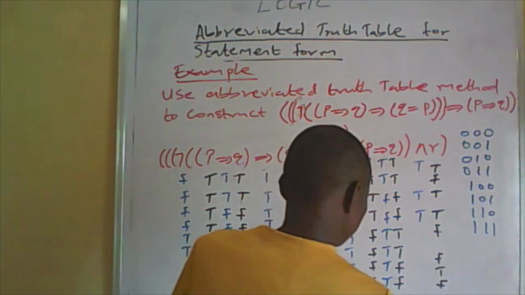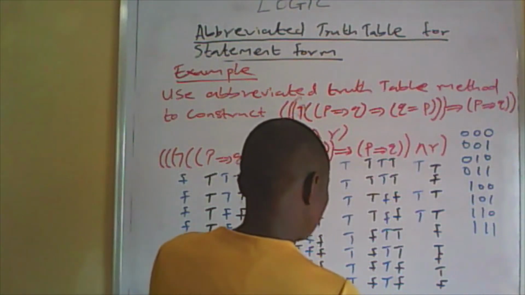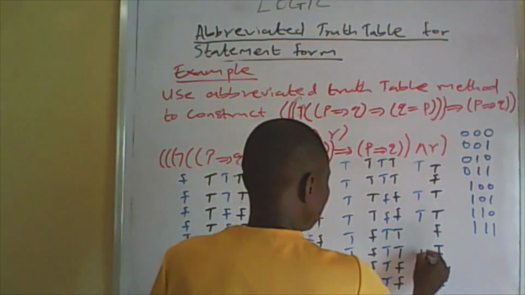So that is very well. Here is T, here is T, so it is T here.